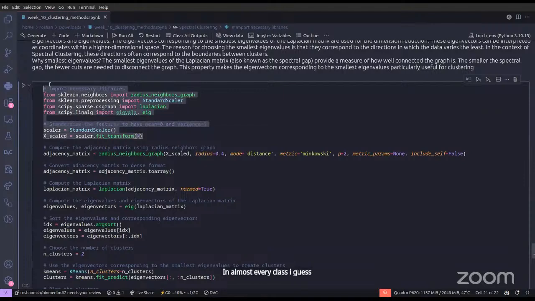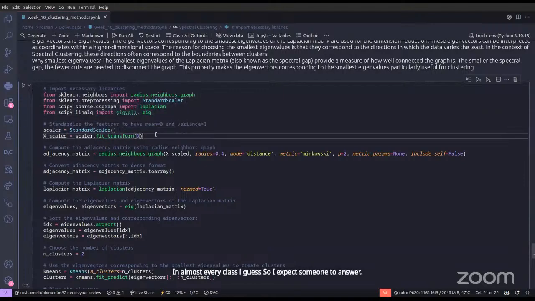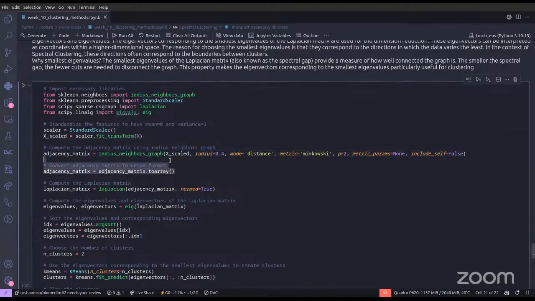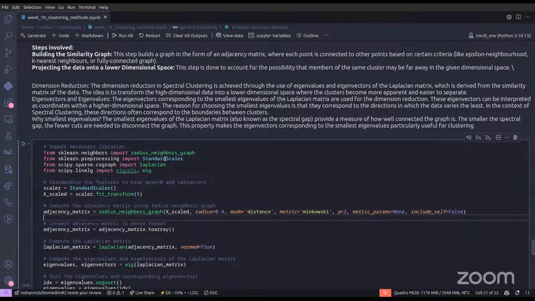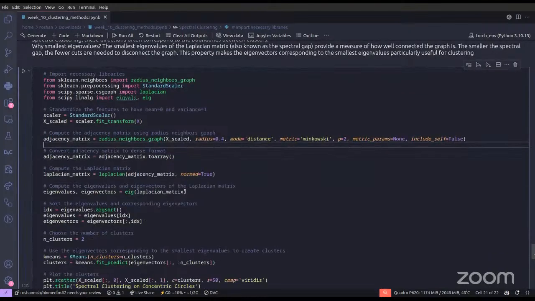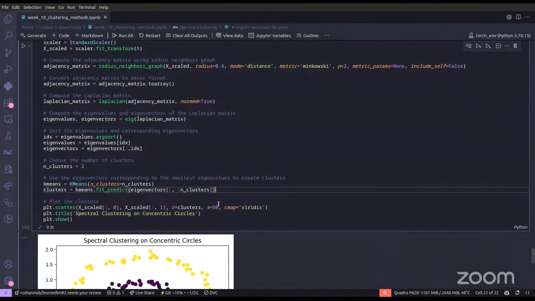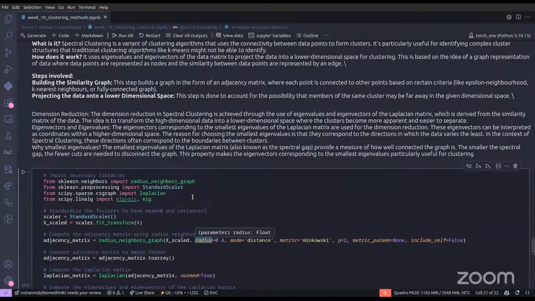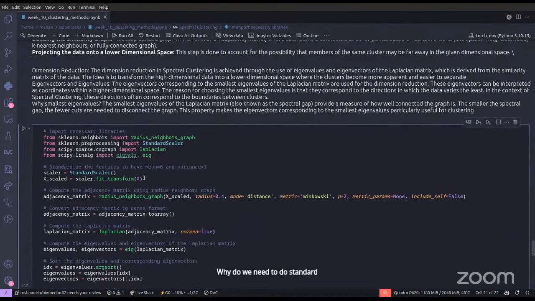So I expect someone to answer it. Why do we need to do standardization of features?